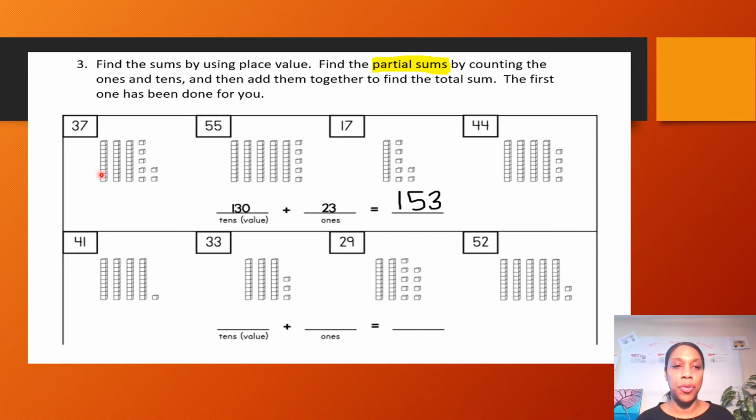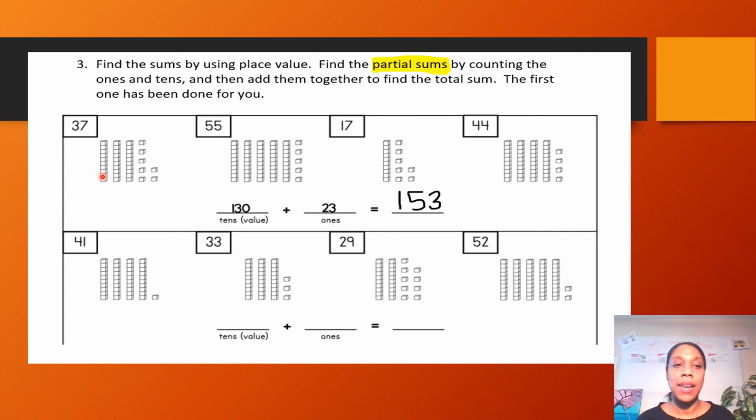37. So I have 3 tens blocks and 7 ones blocks. The number 55, I have 5 tens blocks and 5 ones blocks. And the number 17, I have 1 ten and 7 ones. And the number 44, I have 4 tens and 4 ones. Next, what you have to do is add all the tens together.